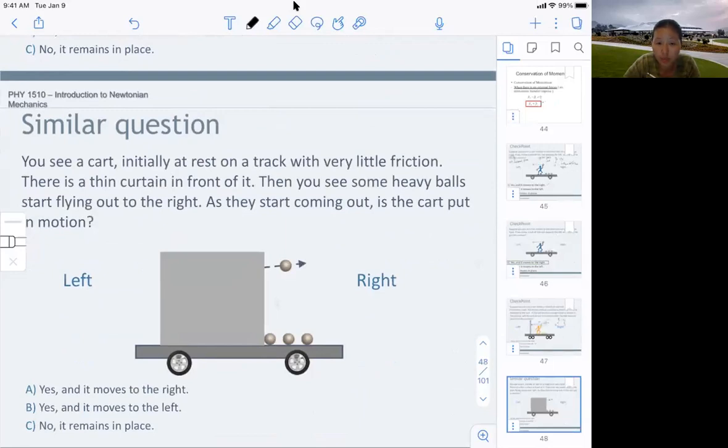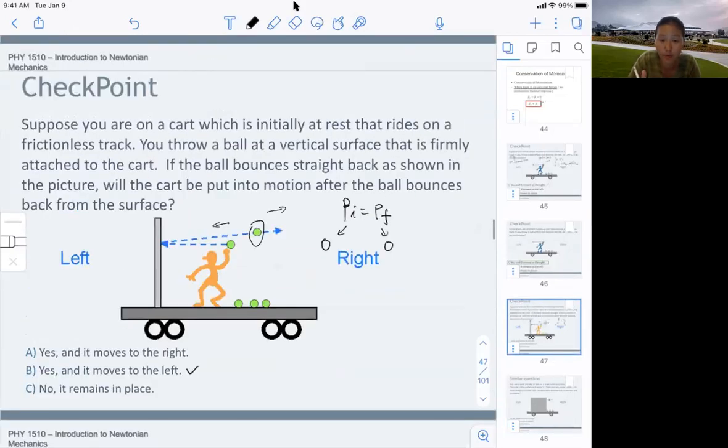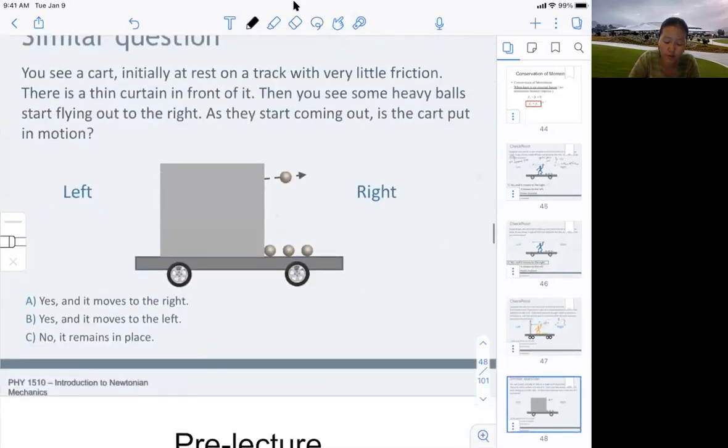Like I said, the complicated process, whatever happens behind the curtain, doesn't matter. All you care about is that eventually the ball has a momentum to the right. So the rest of the cart should have a momentum to the left, right? You don't have to worry about what's going on behind the curtain. So it's exactly the same problem as before. Whether you can see it or not shouldn't change the physical result.